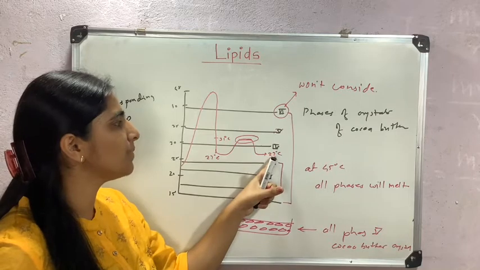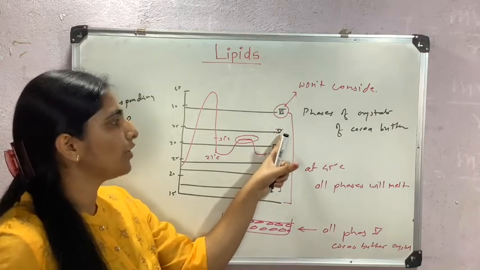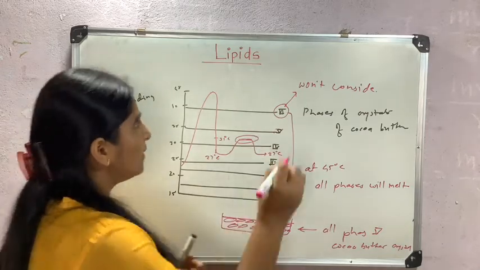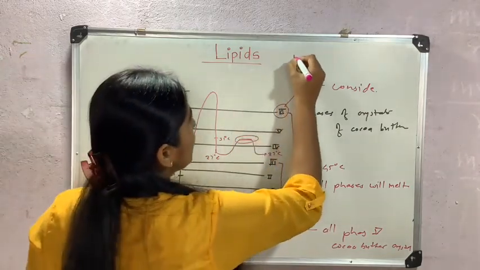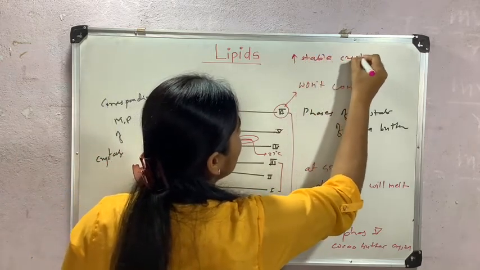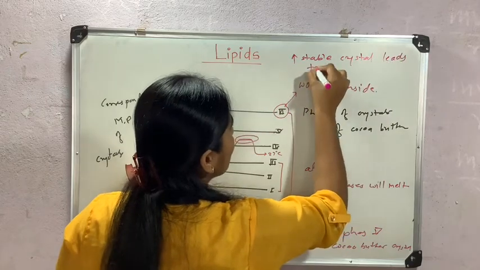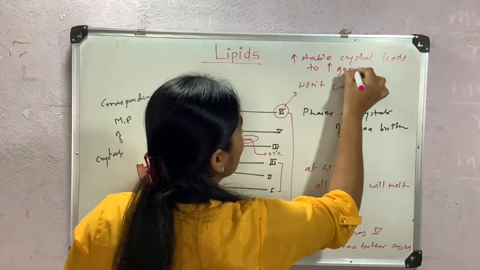This temperature is below the melting point of phase 5. And remember this: a more stable crystal leads to better chocolate.